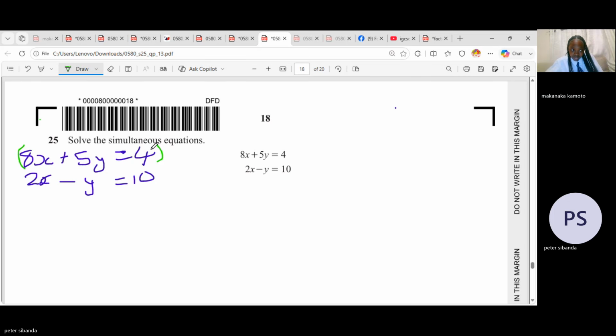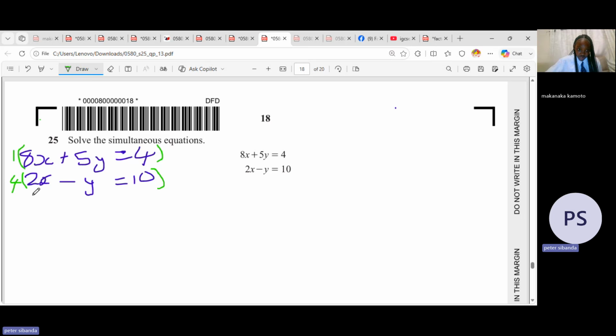How about 8 itself? Oh yes, 8 itself. So if you want to use 8 on both, what do we multiply with on the first one? Multiply by 1. And then the second one, multiplied by 4.